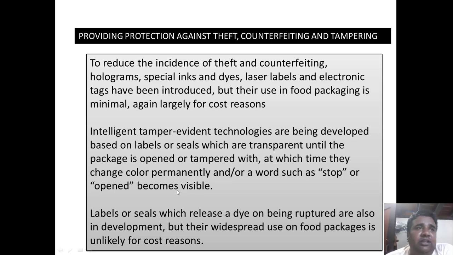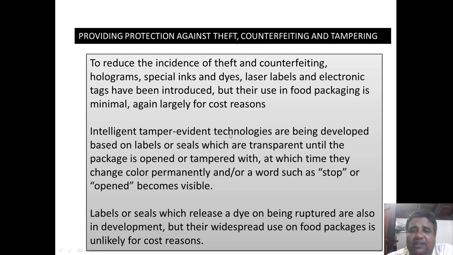Like you have made a polythene pouch, or you have packed the Cordyceps in a pouch, fine, and we have provided an intelligent tamper-evident seal on that pouch. In the case of Cordyceps, I was informed by some Bhutanese that there are two or three qualities, A plus, A, B, like that.